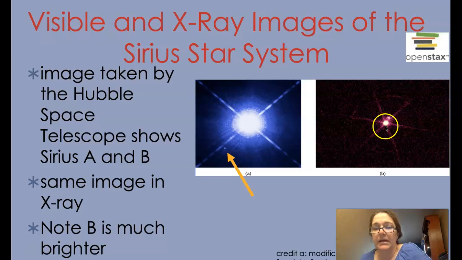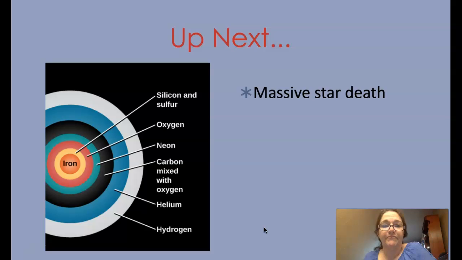And Sirius B, the white dwarf, is much brighter in X-ray. So it is giving off a lot more energy, just not as much visible light. So we have to remember that visible light does not tell us the whole story. And so the next thing will be how massive stars die.